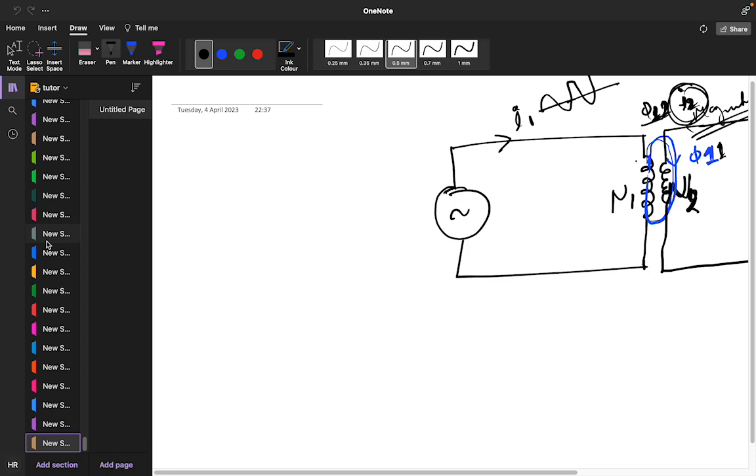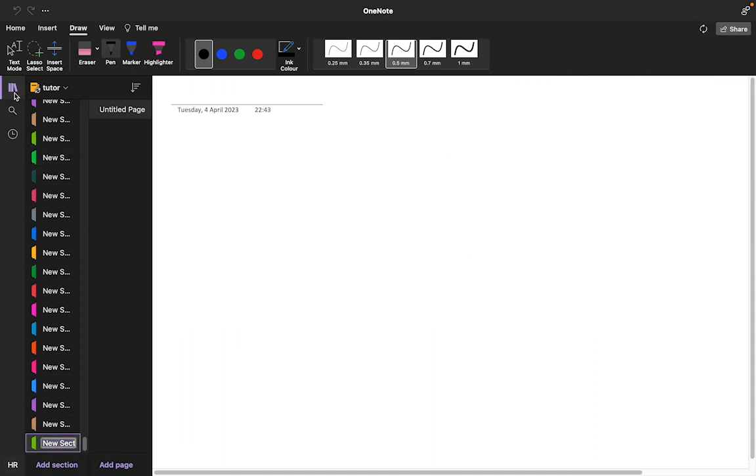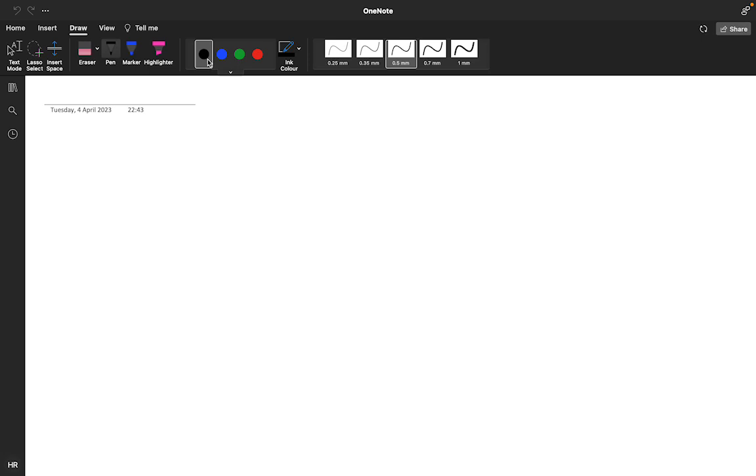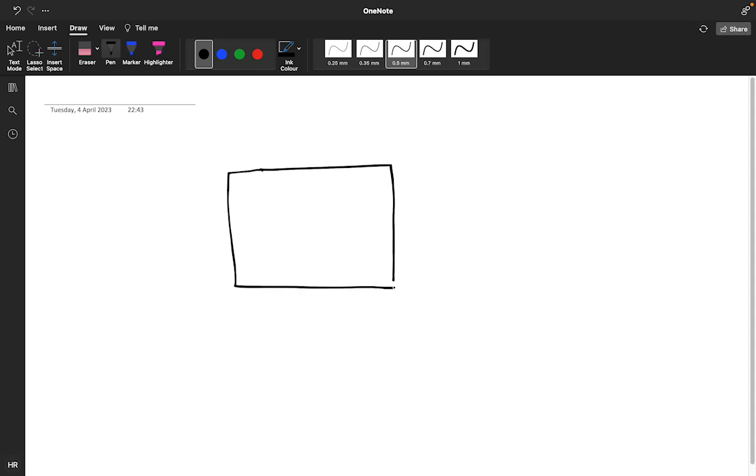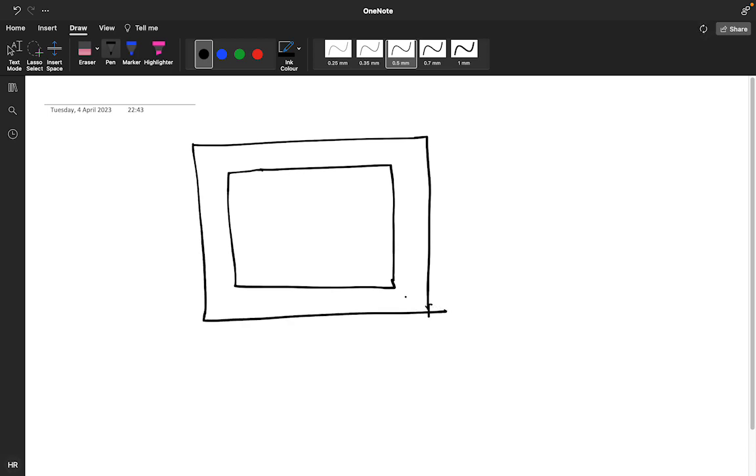Okay, so now assume how the transformer is working. Again, these things will come in machines, but I am giving you a basic idea. This is your plus.